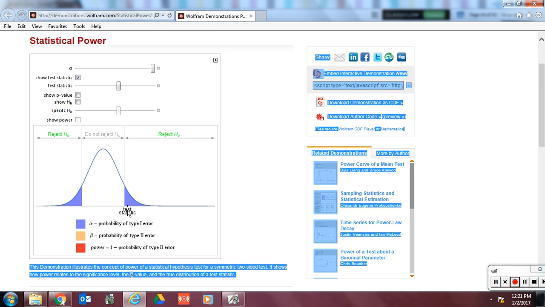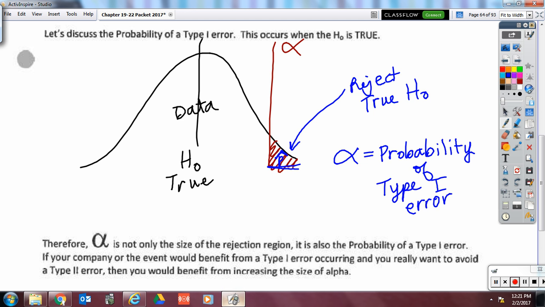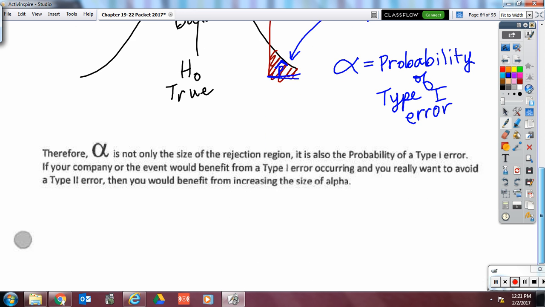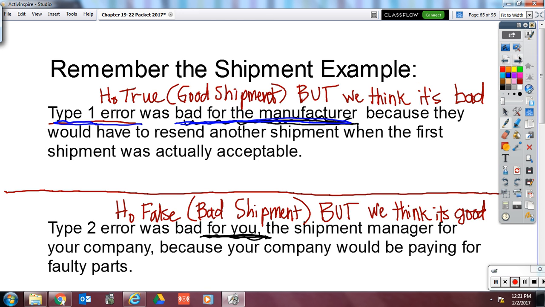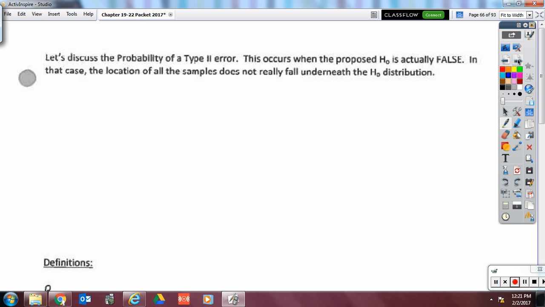So you have control over the size of alpha, or at least whoever's paying for that test, and that could affect the type 1 error happening. Therefore, alpha is not only the size of the rejection region, it is also the probability of a type 1 error. And so you can change the size of alpha based on if you want that or not. Okay, let's move on to type 2 error discussion.